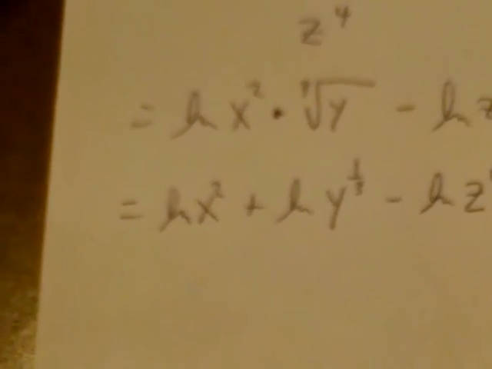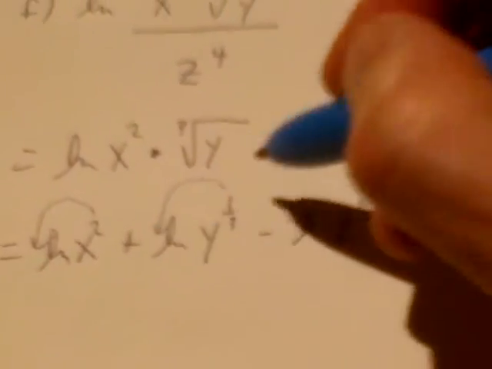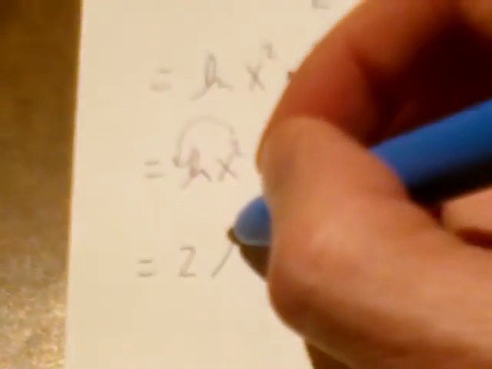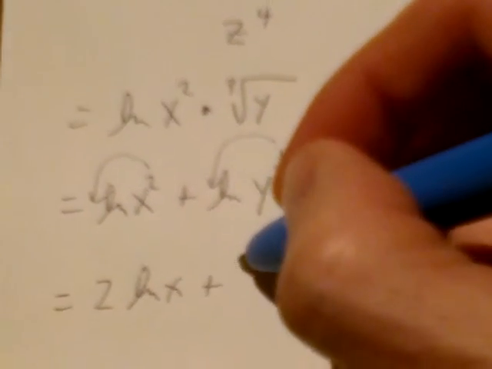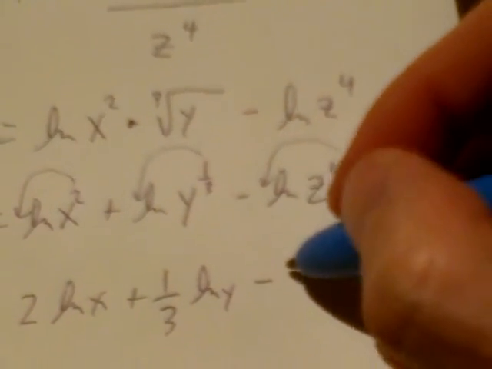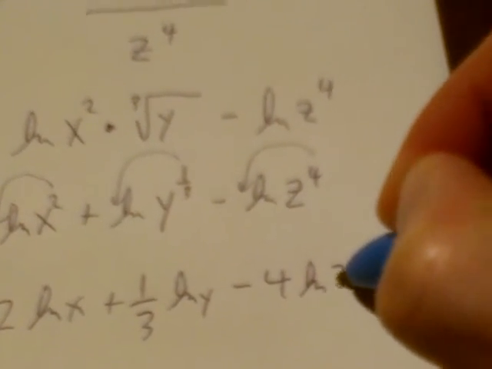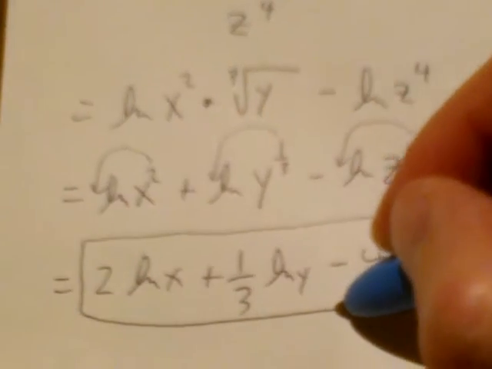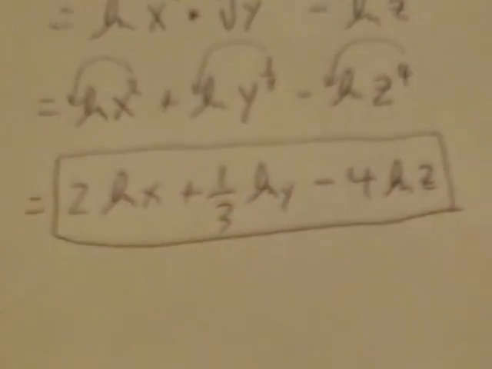And then the last thing we need to do is just take all of these exponents and bring them down in the front. So all we're going to do is our last step, and then we'll be done, fully expanded. So we'll have 2 ln x plus 1/3 ln y minus 4 ln z. And there is your final answer to your final problem there.